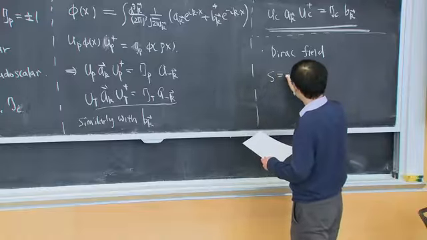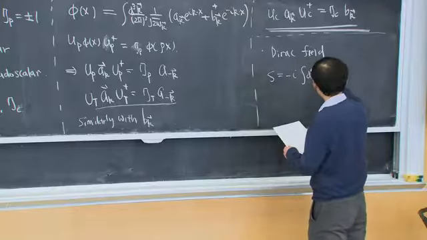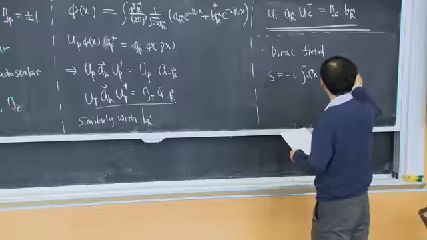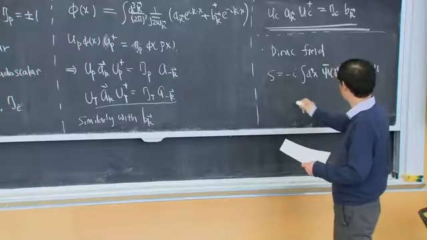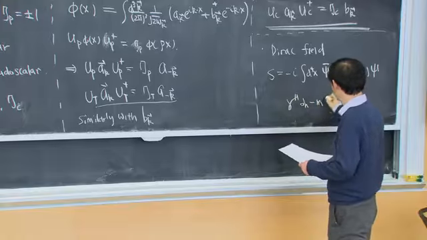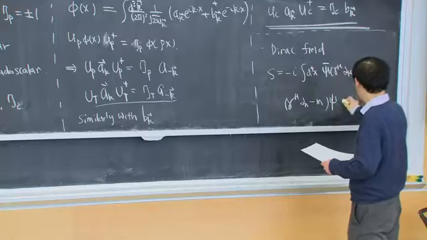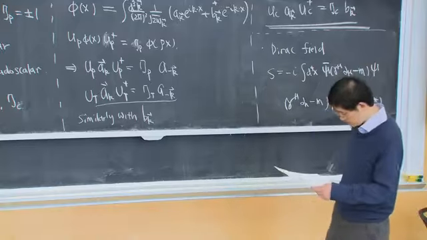Let's write down the action for the Dirac theory, and then let's also write down its equation of motion. Now let me call this equation star, erasing the earlier star.